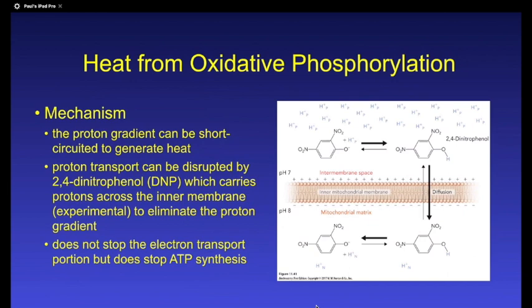Okay, when it's in the solution, in its ionic form, it's really, really polar. But what can happen is it can bind to the proton, become much more nonpolar, and then just diffuse across into the matrix. I break the gradient, but I haven't made ATP.